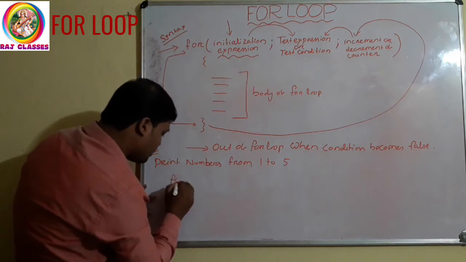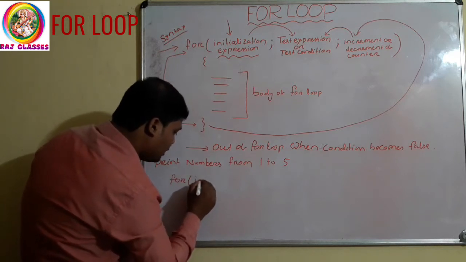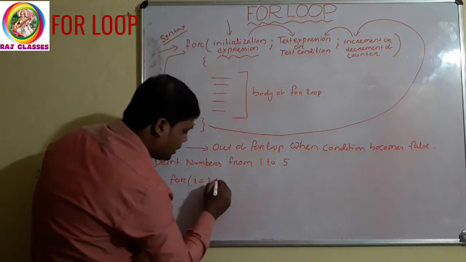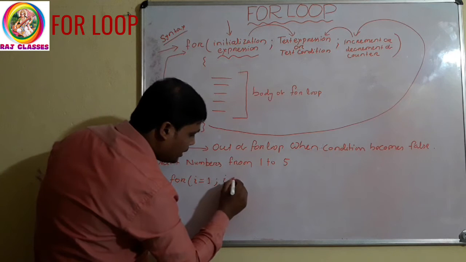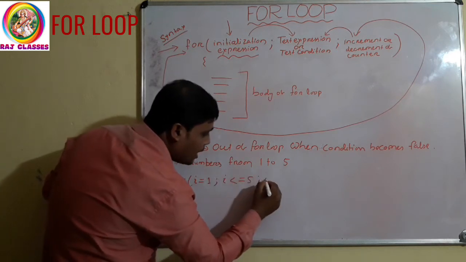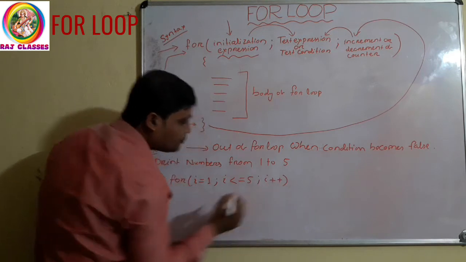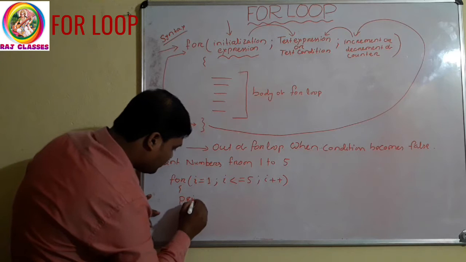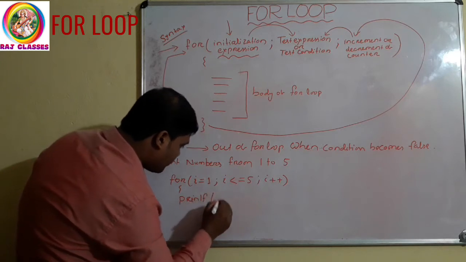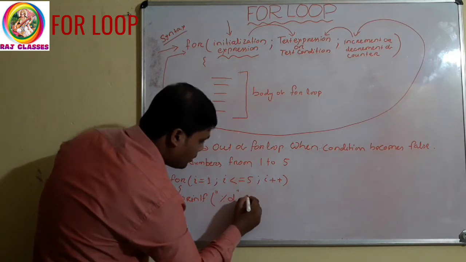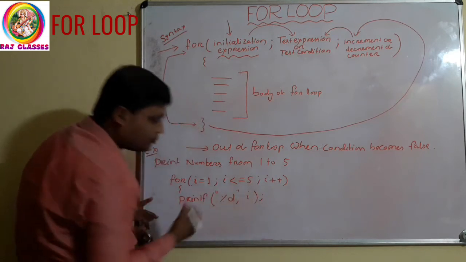Just see: for (i = 1; i <= 5; i++), then there will be one printf statement, printf("%d", i). Clear?